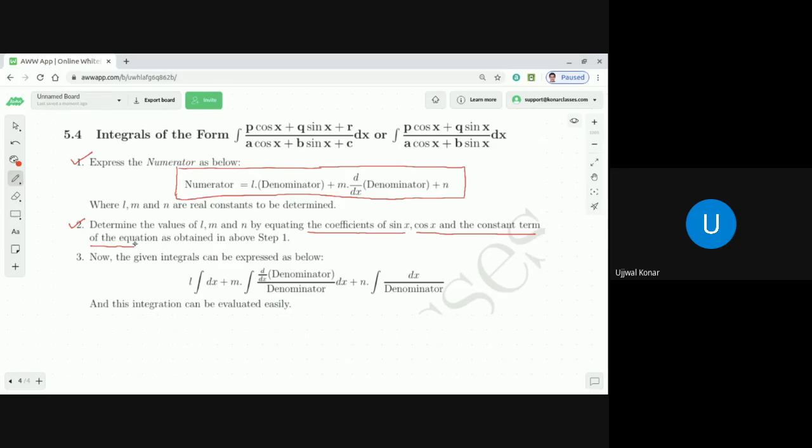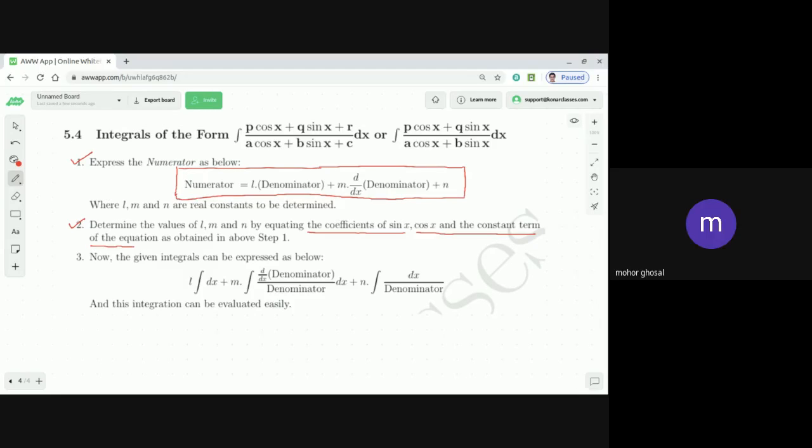If you recall, in the previous 3 cases we discussed equating like terms, meaning the coefficient of x square and the constant term. Here there is no x or x square because, as you see, it is a trigonometric function. So we should equate the coefficients of sin x, cos x and the constant term of the equation.